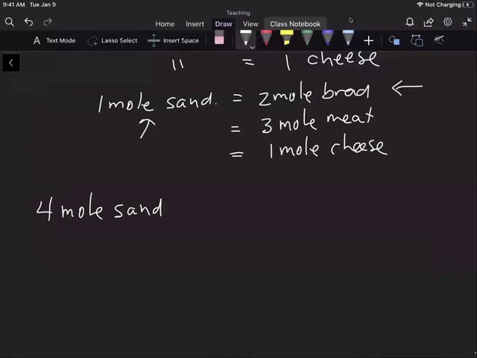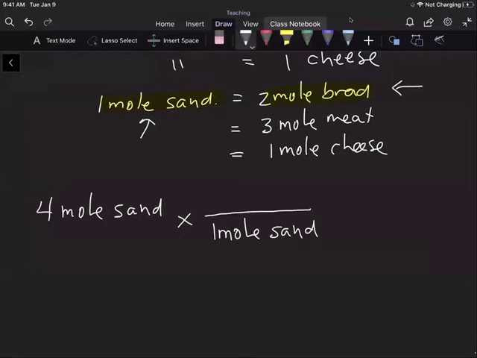So 4 moles of sandwiches, I use the ratio of my moles of bread to my moles of sandwich. Okay, so I take 1 mole of sandwiches, and that's what I'm going to try to cancel out, right?